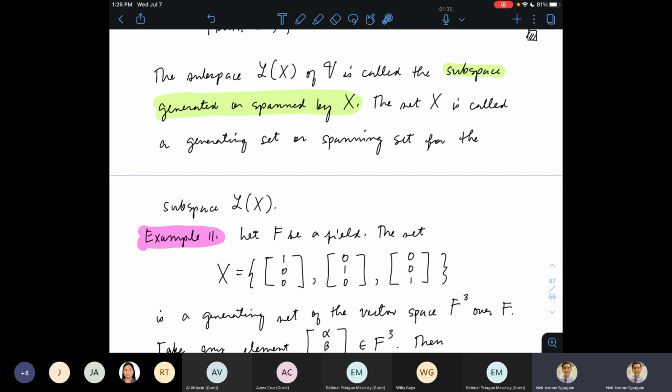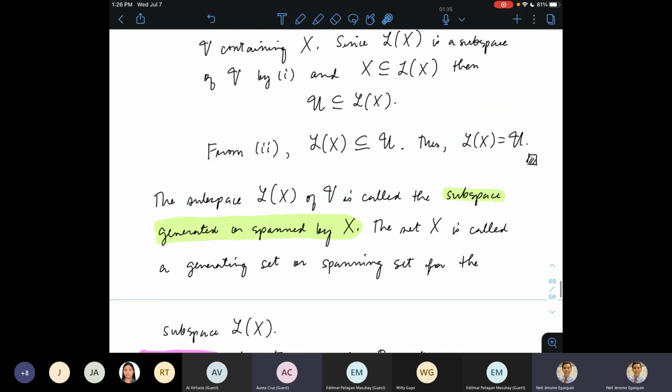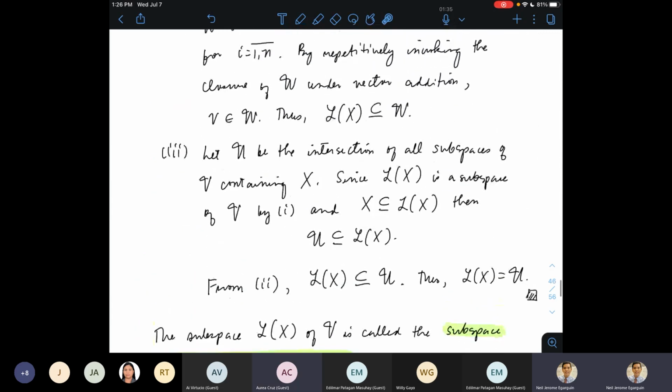Oh, by the way, one missing thing in the proof is that I did not say that U is a subspace. But that is from proposition 4, right? That's why I included proposition 4 as well, just to guarantee that the intersection of all subspaces is another subspace. That's the missing piece to complete this statement.